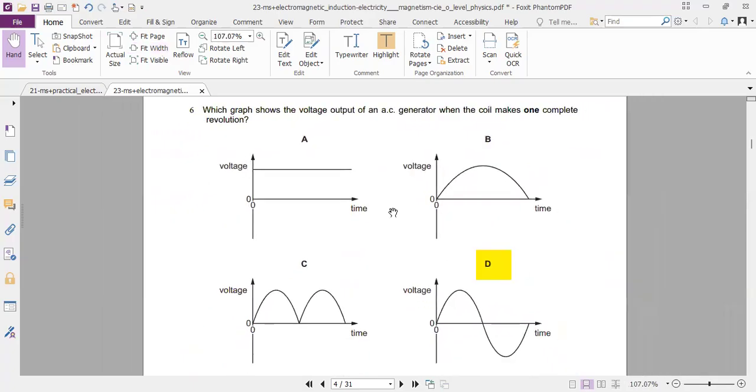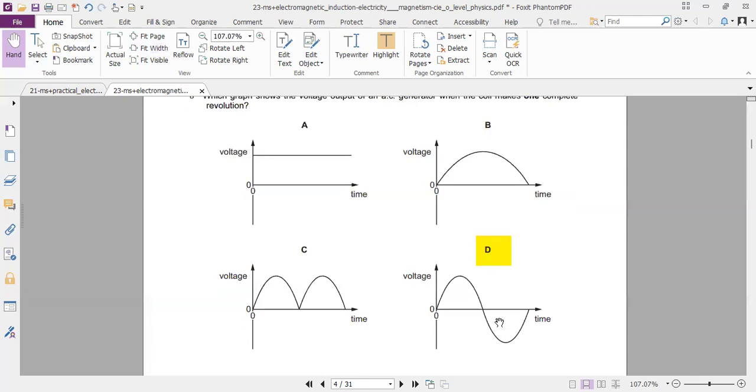So, which diagram shows the voltage output of an AC generator? It's this one. It's always this one because it completes a positive half cycle, and then a negative half cycle, and then mean position. And this is what happens when one complete rotation has taken place.